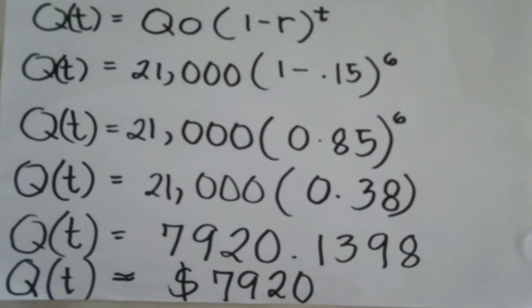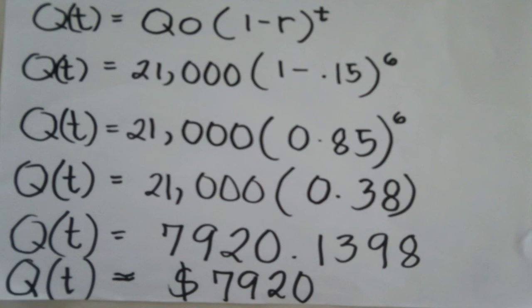It is given that it depreciates at 15% per year, so 0.15. And t, the exponent, is 6 years. So Q of t equals 21,000 times the quantity 1 minus 0.15 to the power of 6.